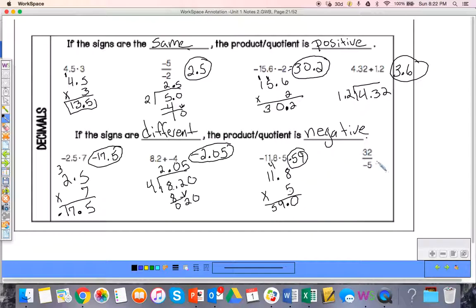And our last one for decimals is going to be 32 divided by 5. Okay, 5 goes into 32 6 times.